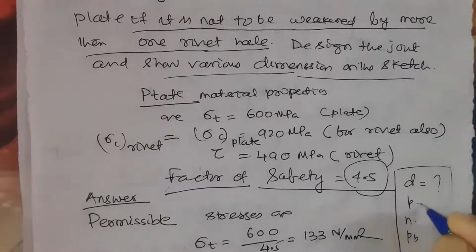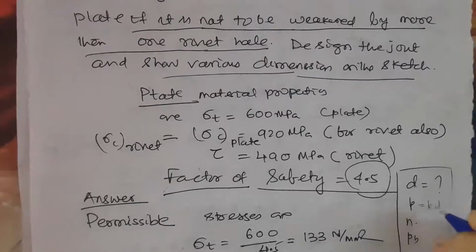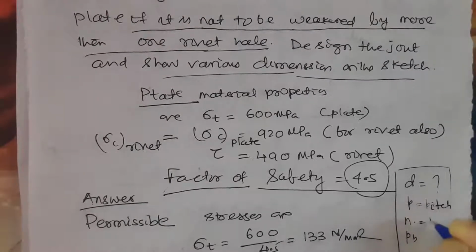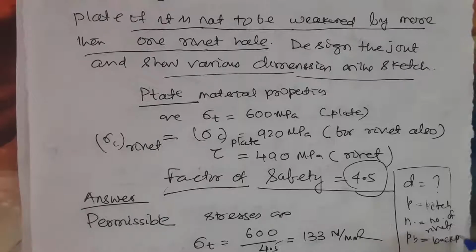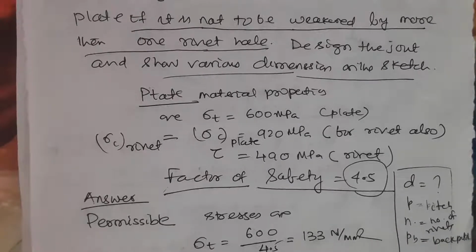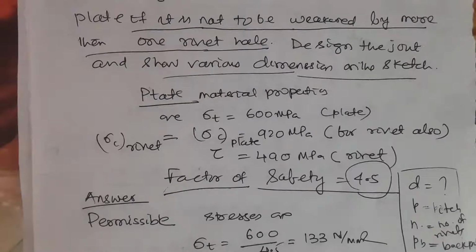This is diameter, this is pitch, the number of rivets, back pitch, the margin, the efficiency. We also have to see whether the rivet is stronger in crushing or in shearing.